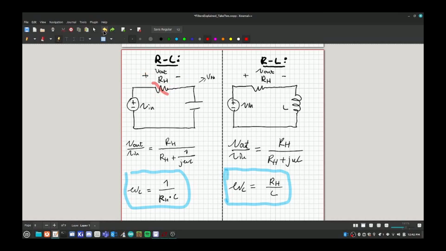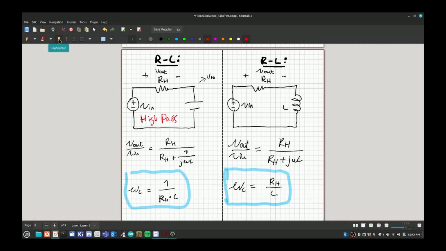And because we care about Vout across this resistor, that means that at DC, this is actually blocking any signal coming through here. As frequency increases, more and more current starts to flow through here, and the voltage drop across RH, which is our headphones, gets bigger and bigger, and more power goes through. So in fact, you realize that this is also a high-pass filter. Let me write that in red. So high-pass.